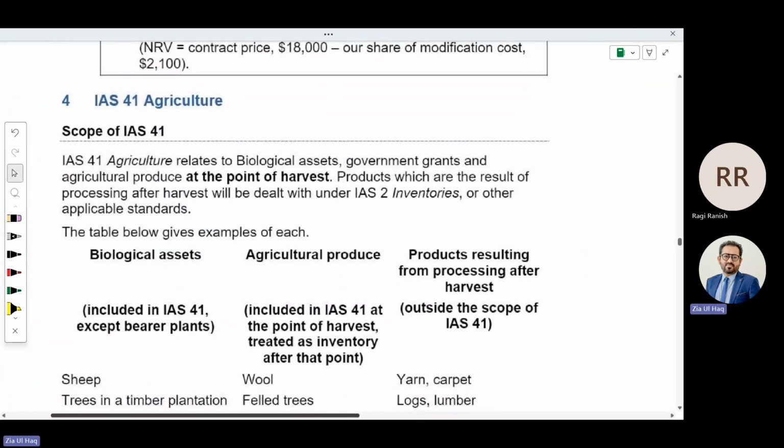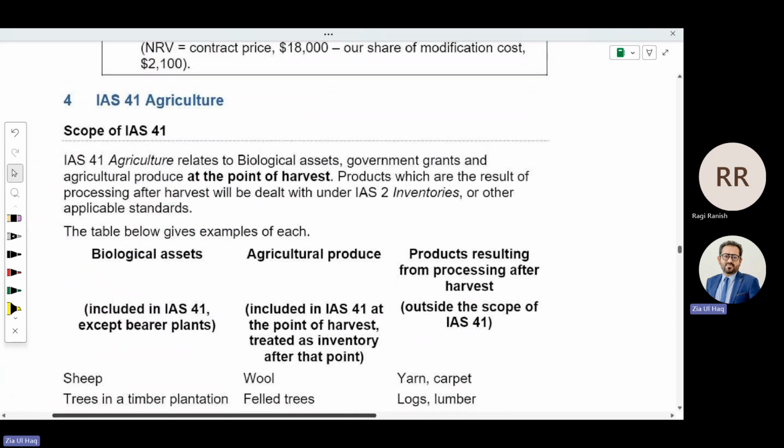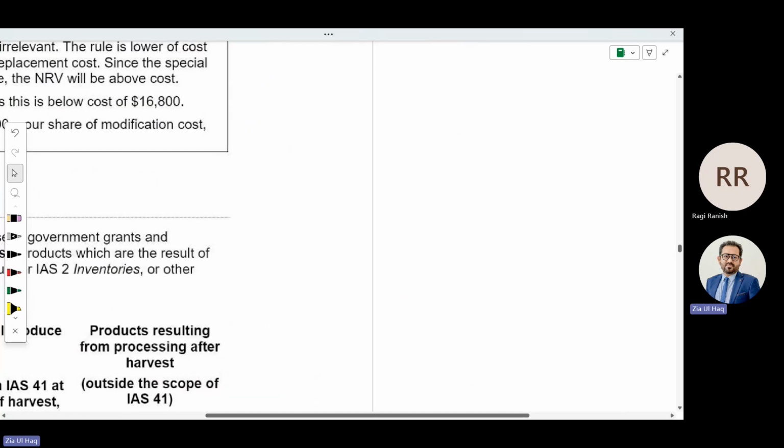Okay. Let's move towards the last standard of this chapter. IAS 41, agricultural assets. We record property, plant, and equipment at cost less accumulated depreciation. Intangibles at cost less amortization.